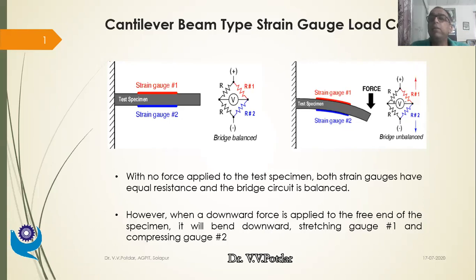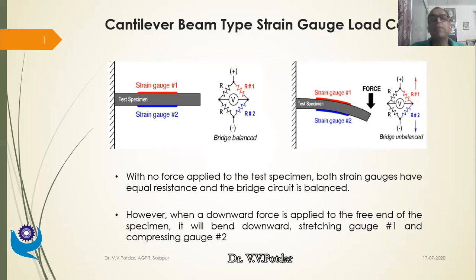And those strain gauges which are having opposite natured strain, meaning if one is subjected to tensile strain and the other is subjected to compressive strain in the Wheatstone bridge, these dissimilar or opposite natured strain gauges should be placed in the adjacent arms.